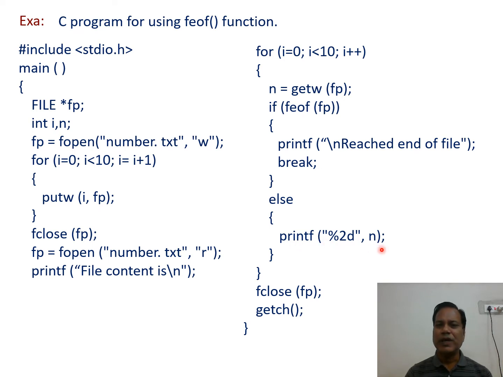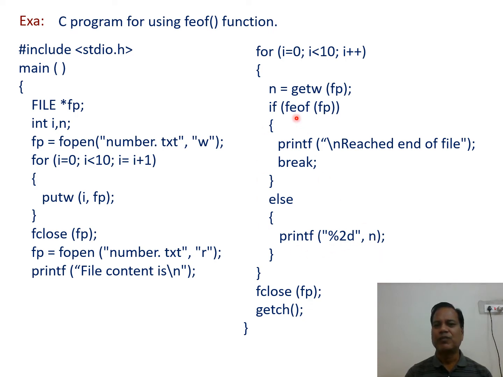In this way, all the data from the open file is taken in by the getw function and assigned to the left side variable, and the condition is tested whether the end of data is reached or not, and accordingly the value is printed.